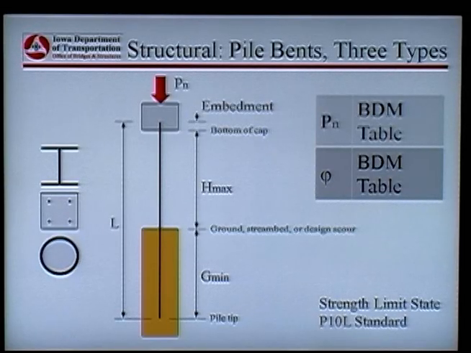There's basically a maximum height above ground, stream bed, or design scour that's intended to make sure the pile doesn't buckle. If you get too tall, you've got a problem. We also have a minimum embedment that is intended to prevent a fence post type of failure. The intent is that it should be a flexural failure rather than just falling over. And those values, besides being given on the P10L sheet, are in the design manual.